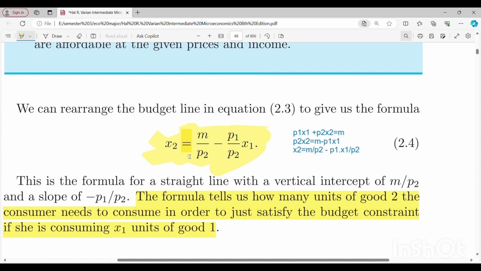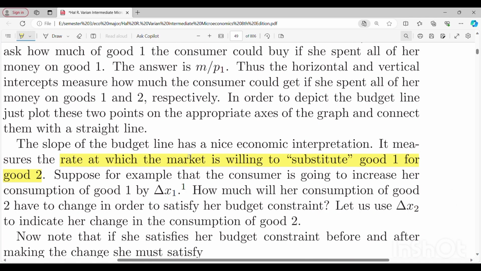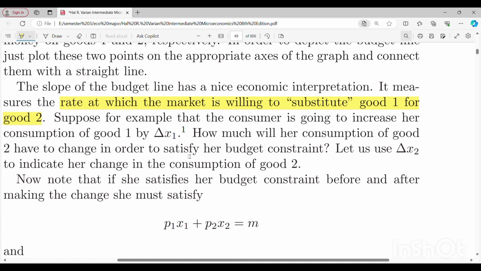The change in X2 that has to be made to satisfy the budget constraint. That is what the slope is for. Suppose, for example, that the consumer is going to increase her consumption of good 1 by delta X1. How much will her consumption of good 2 have to change in order to satisfy her budget constraint? We can denote the change in good 2, for the time being, as delta X2.